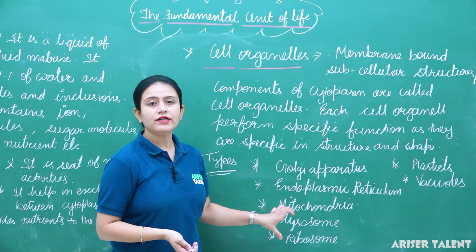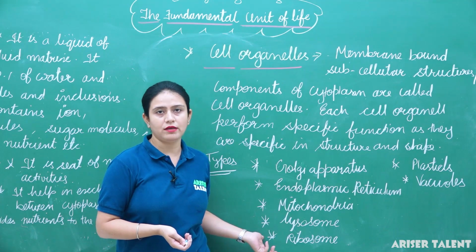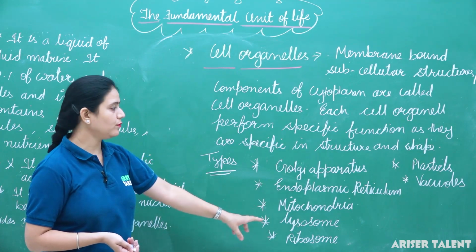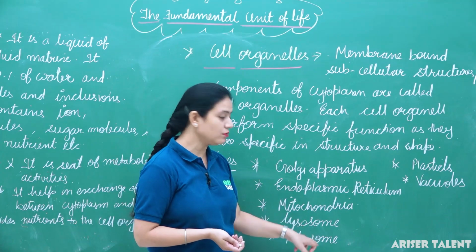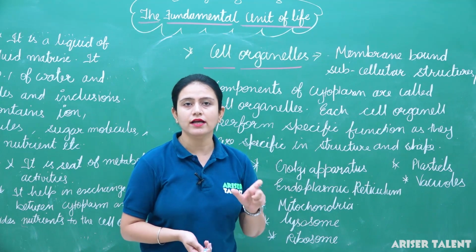Generally, these are the 7 types of cell organelles which are found in the eukaryotic cell, and we will study about them in detail in this chapter. They all are specific in nature and function.